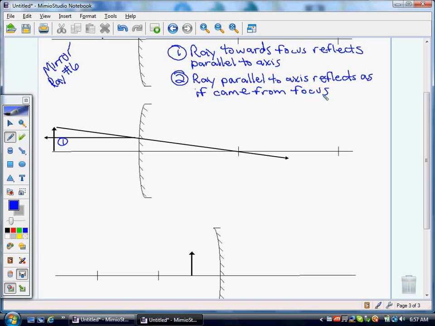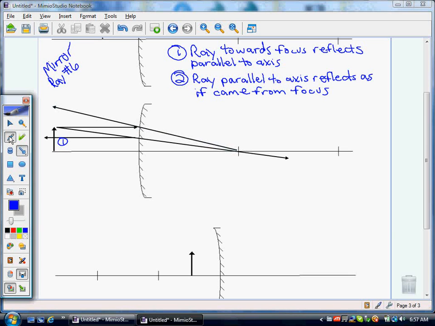So what are we saying in this one? Basically we have a ray that goes parallel to there, and it reflects as if it came from the focus. So I'm going to start out here at the focus, and I'm going to show the reflected ray from where it hits the mirror.